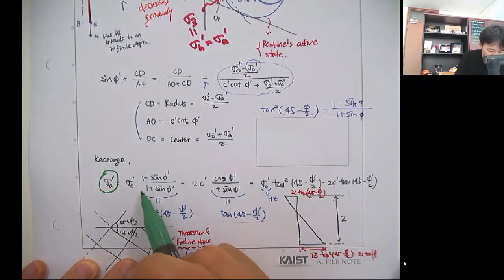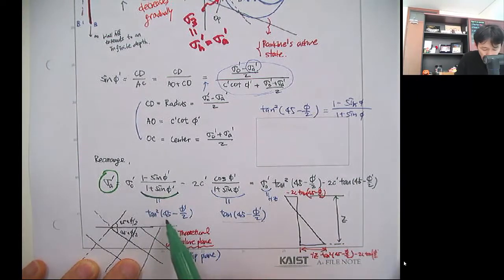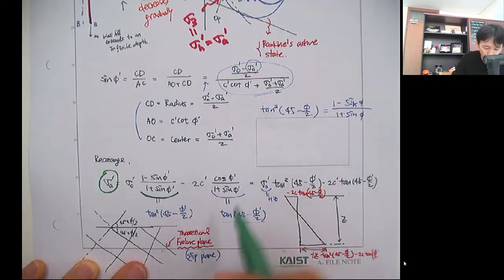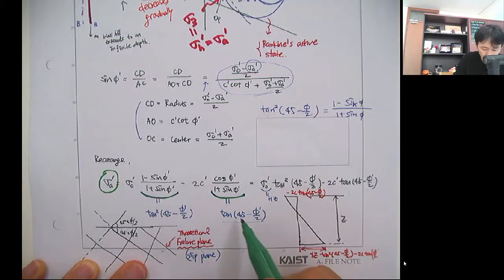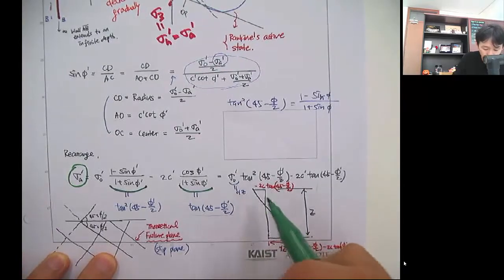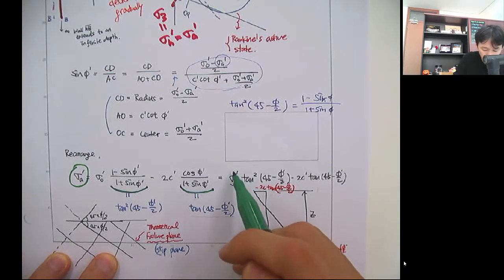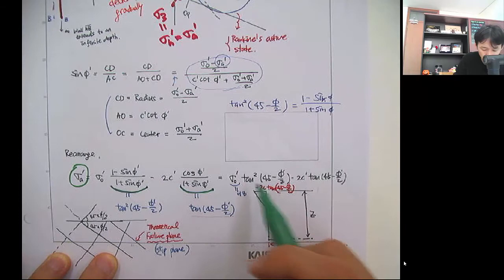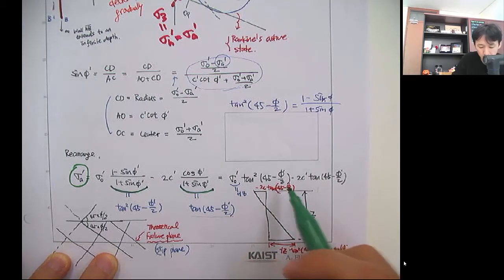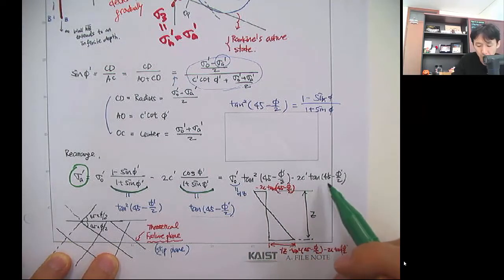So this can be replaced with tangent squared of 45 minus phi prime over 2, and this one is just tangent of 45 minus phi over 2. Then the equation is simplified as follows.